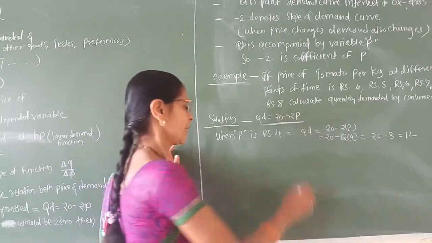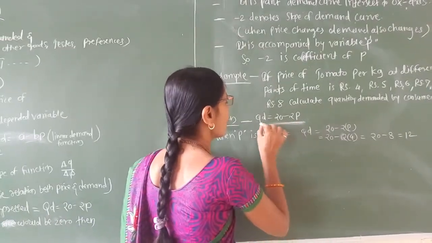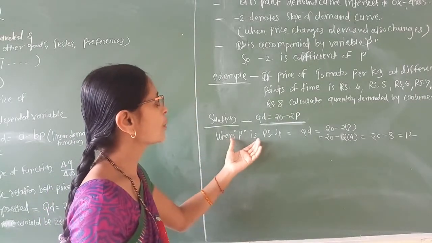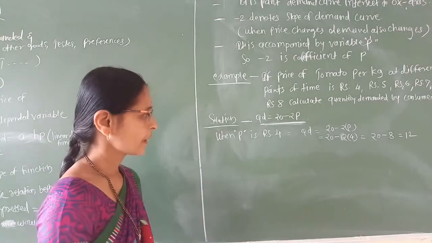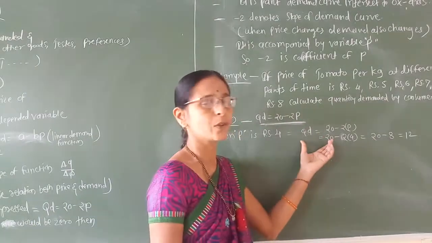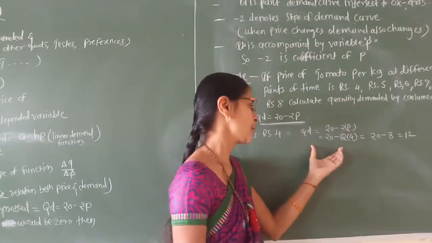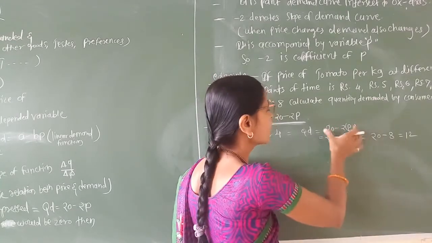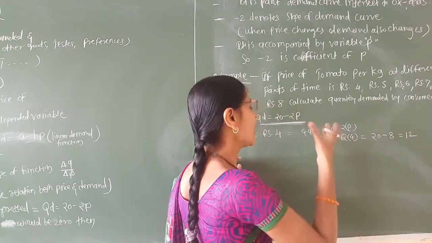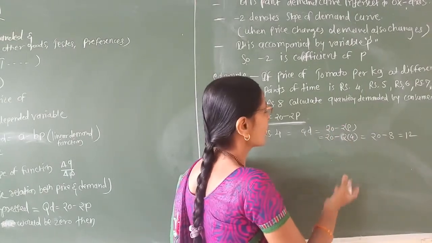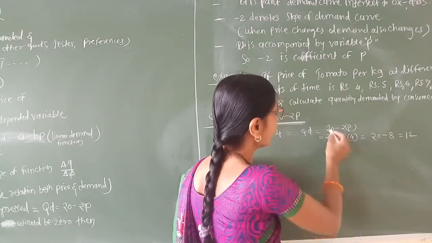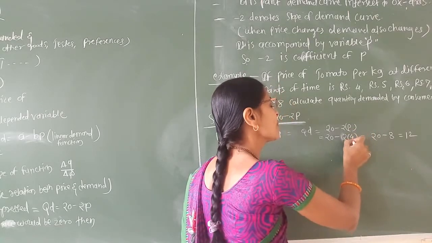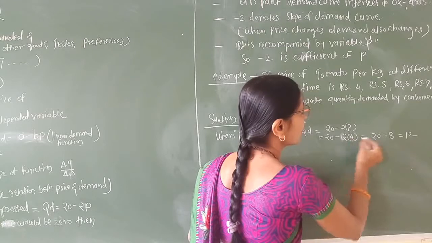When the price of tomato per kg is rupees 4, the 2 into 4 is equal to 8.